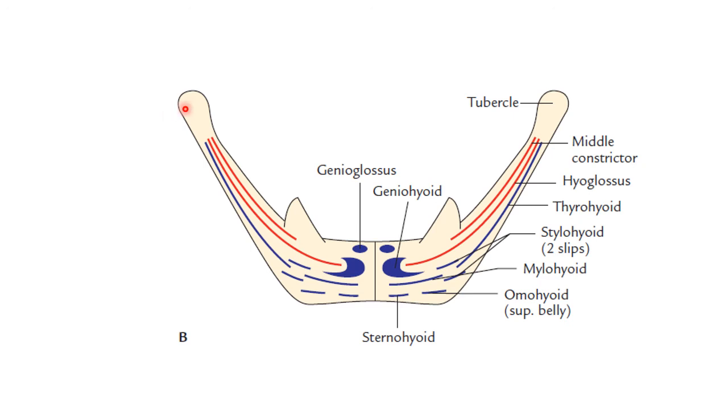Hence, the greater cornu is an important surgical landmark for locating the lingual artery for ligation when radical surgery of the neck is done. So this is the surgical importance of the hyoid bone: the relationship of the lingual artery with the tip of the greater cornu.